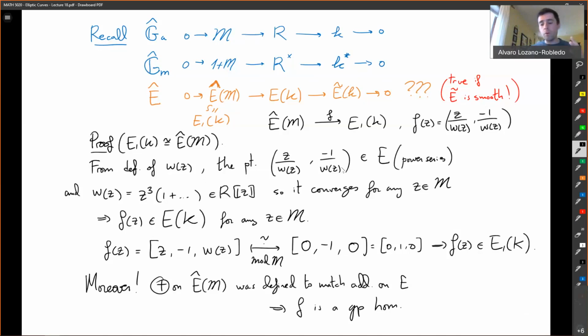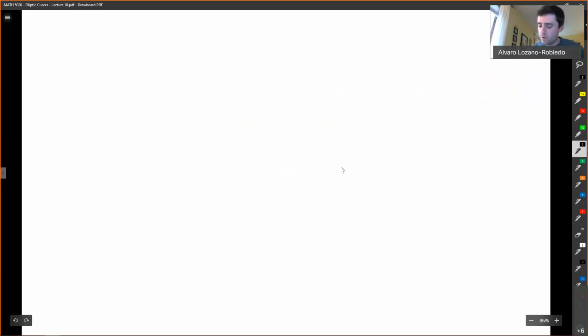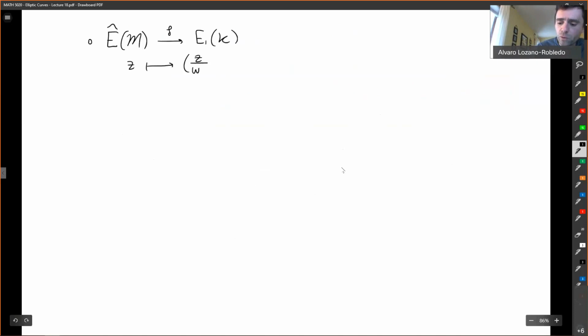All right, so we have a group homomorphism from E hat to E1. And now I want to prove that this is an isomorphism. So what I know is that the map from E hat to E1 given by Z goes to (Z, minus 1, W) is a group hom. It is injective.